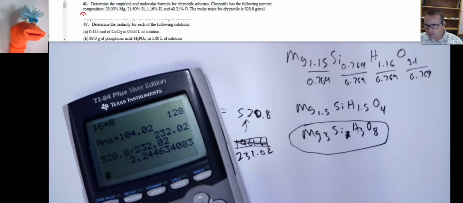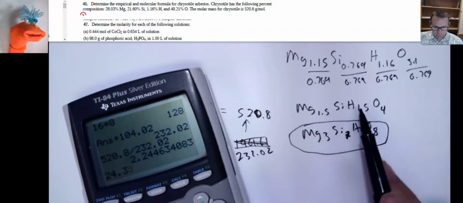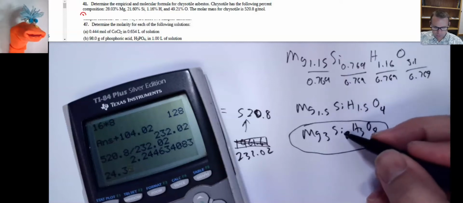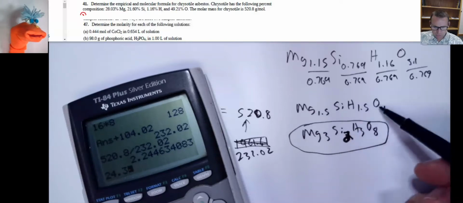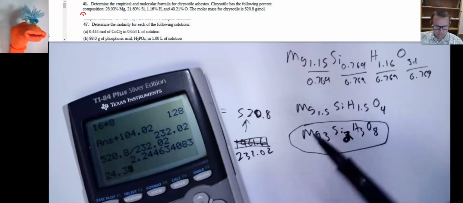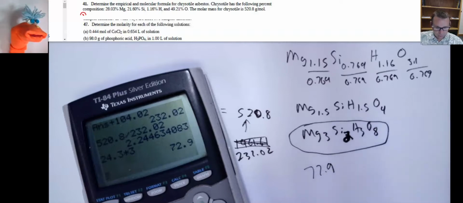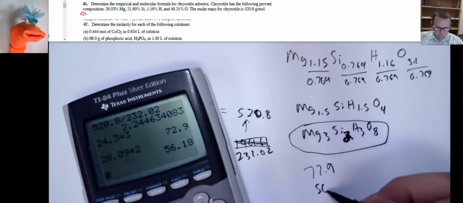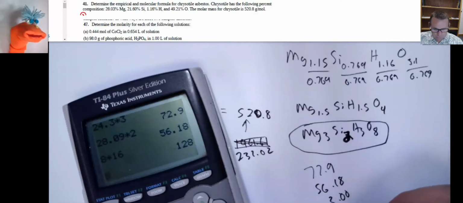Let's see if we did that right. 24.3 for magnesium. I had to multiply that by 2. Oh, no, there are 2 silicons. Did I do 2 silicons? Multiply that by 2. So there are 3 magnesiums, 24.3 times 3, so the magnesium is 72.9. 2 silicons, 28.09, so that's 56.18. 3 hydrogens, 3.00. 8 oxygens, 8 times 16 is 128.